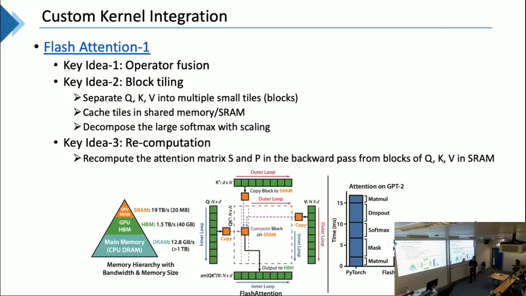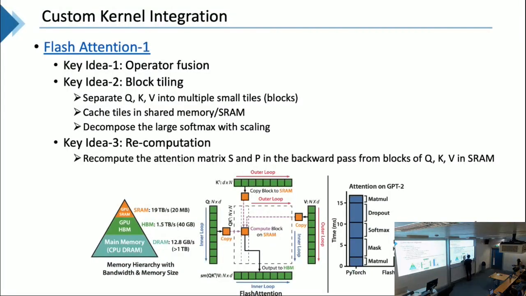The first core idea of flash attention is operator fusion, which means we have, let's say, 5 operations, and we design a fused kernel such that after we transfer the input tensor to the core, we just keep all the intermediate results, for example the intermediate results after softmax, in on-chip memory, for example shared memory or register file. So you just keep all these intermediate tensors in on-chip memory.